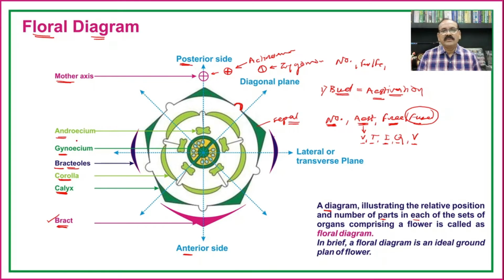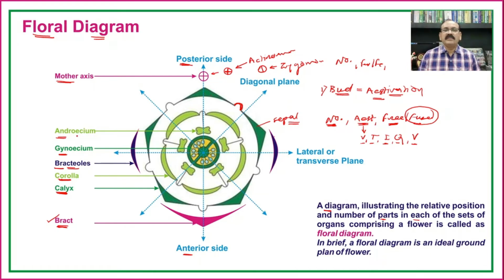So we have to remember all these different characteristics of the different parts of the flower, that is bract, bracteole, then calyx, corolla, androecium and gynoecium, and every character we have to represent in it. In addition to that, there are some other characters in the floral diagram that we have to mention.